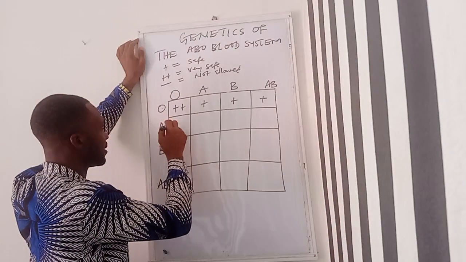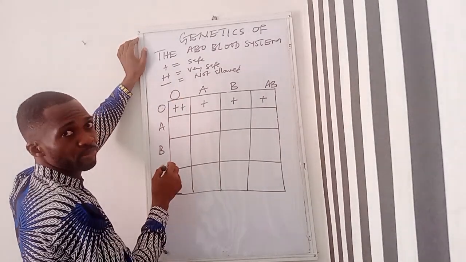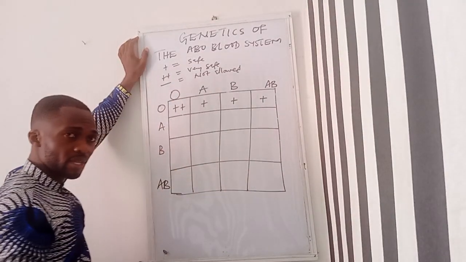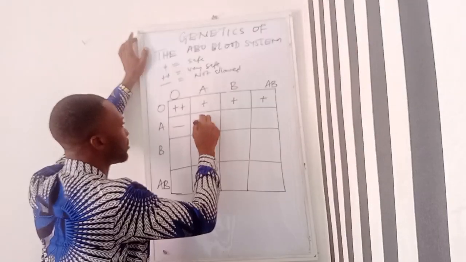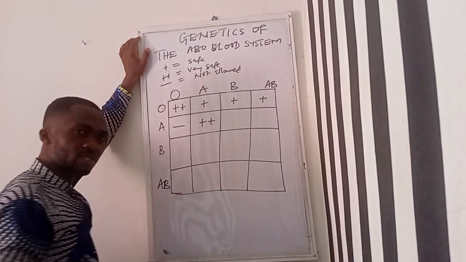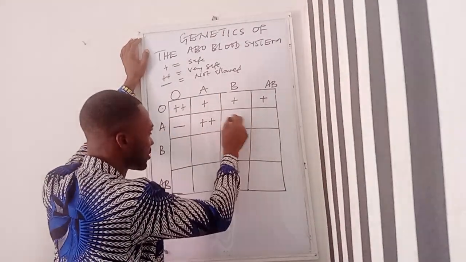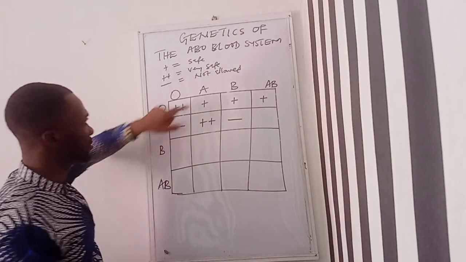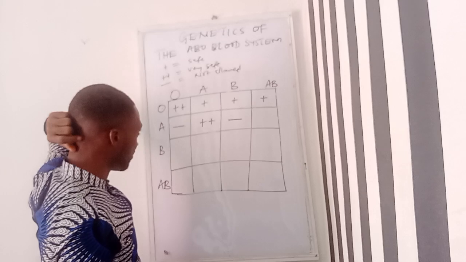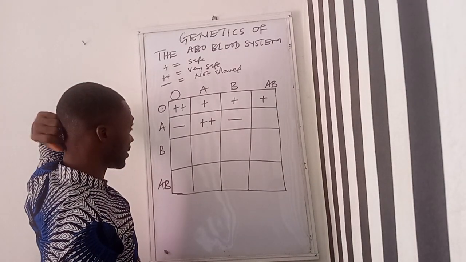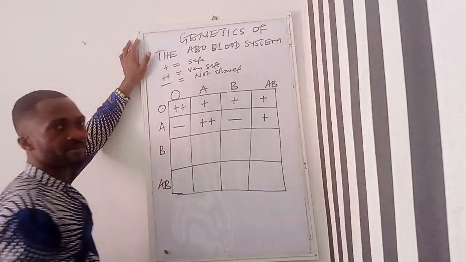Then A cannot donate to O because A is not a universal donor, so it's not safe. But A can comfortably donate to another A. Then it is not safe for A to donate to B. Then for A and AB, A can donate to AB and is safe.